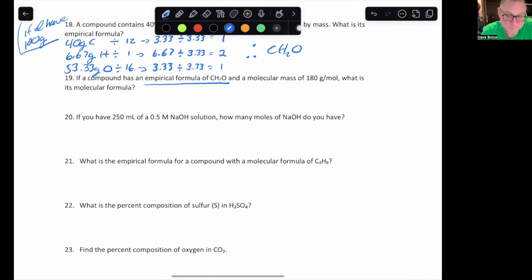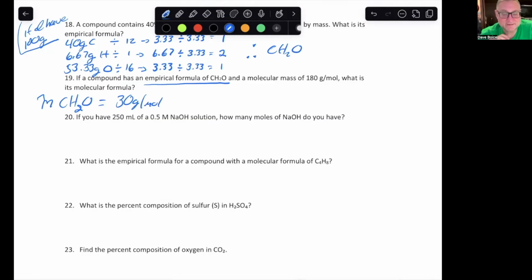We want to figure out what's the molar mass of CH2O because that's going to tell us what basically our lowest molar mass is. So molar mass of CH2O is going to be 12 plus 16 plus 2. And so that's going to be 30 grams per mole.